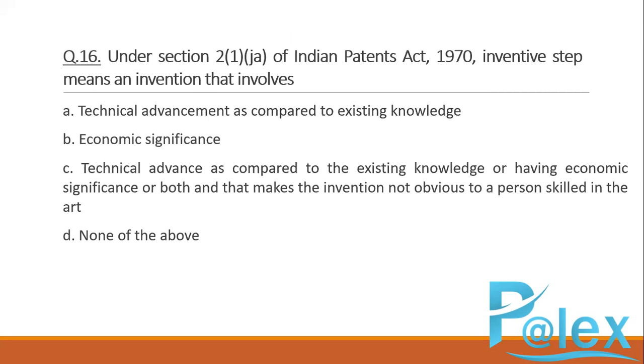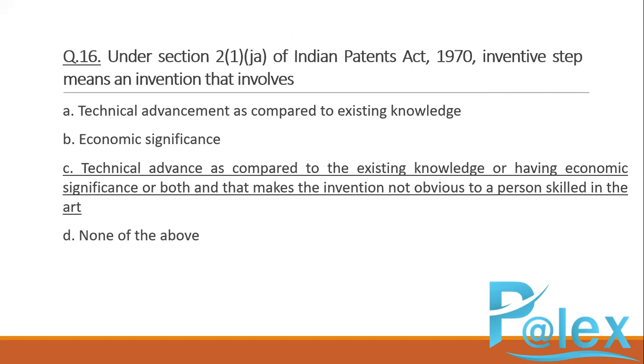Now under section 2(1)(ja) of Indian Patent Act, inventive step means invention that involves technical advancement as compared to existing knowledge or economic significance or both, and that makes the invention not obvious, what we call as an inventive step, basically non-obviousness to a person ordinarily skilled in the art.